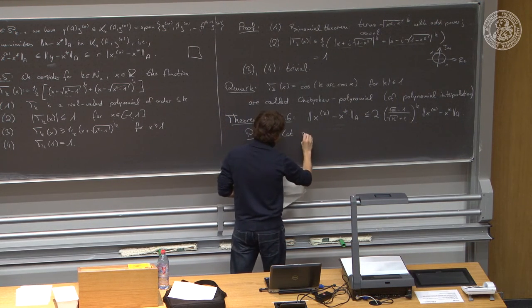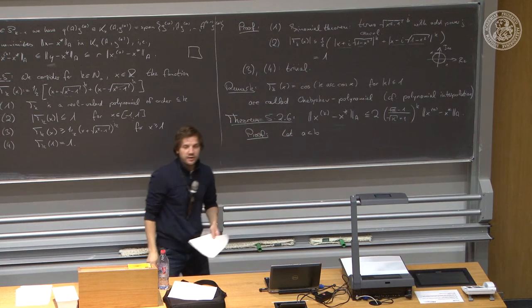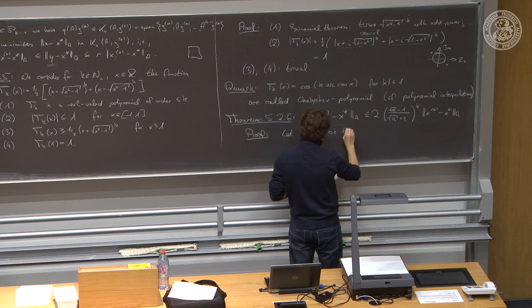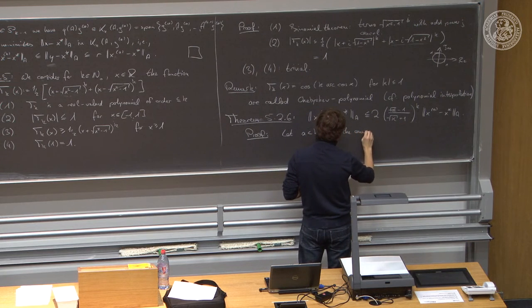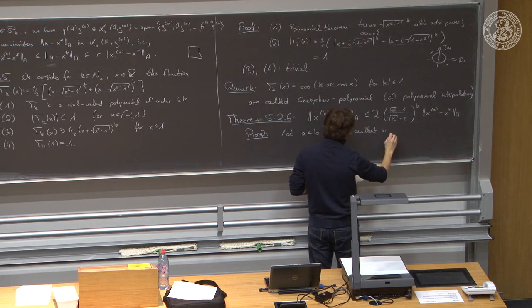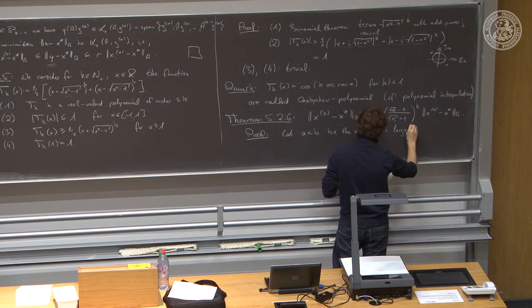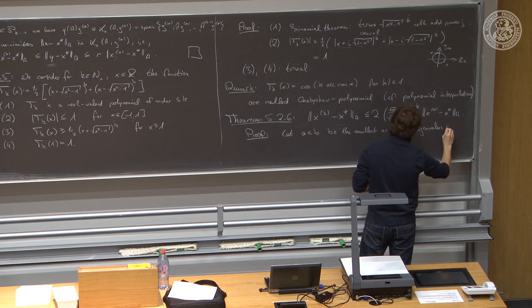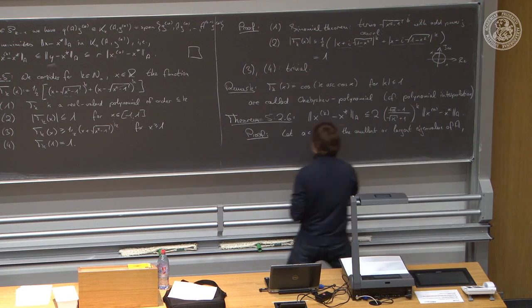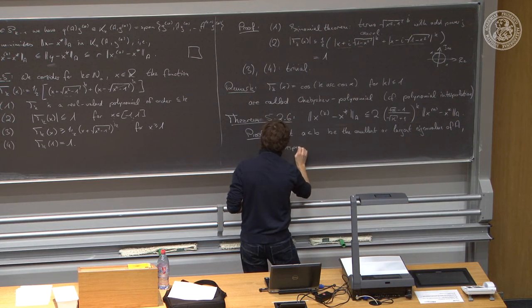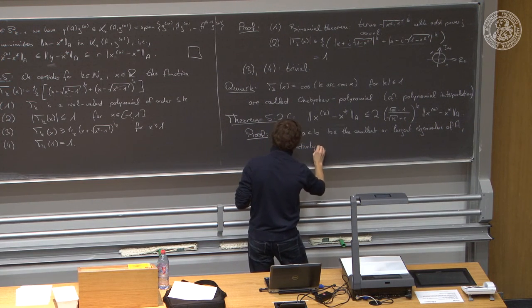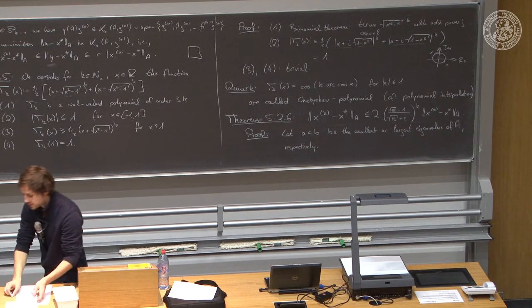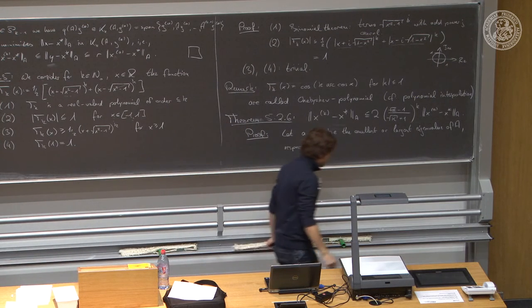So, we call them the smallest eigenvalue a and the largest eigenvalue b, respectively, of A. Then I need one more blackboard.